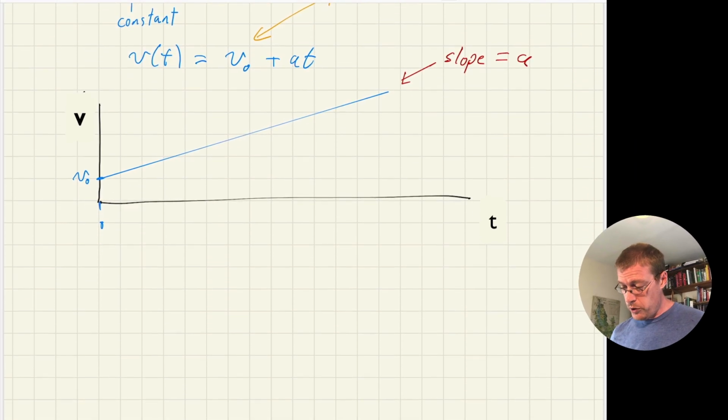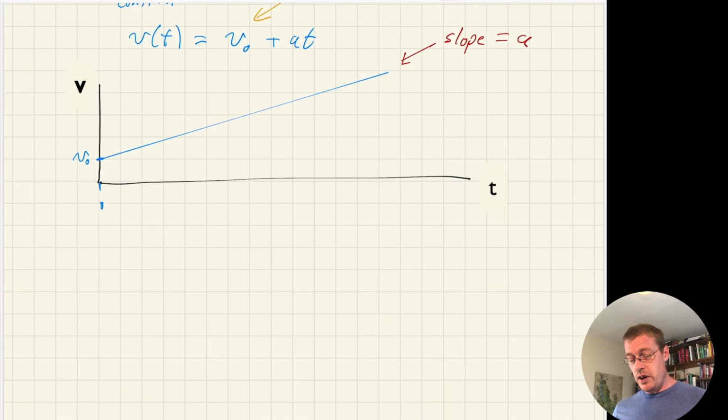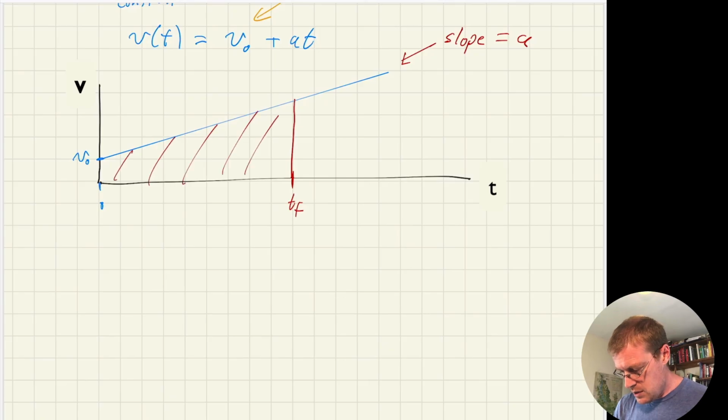Now you can probably guess what we're going to do next: we're going to calculate the position, or rather, the change of position from time 0. So once again, if I introduce some time tf, the change in position is going to be this area here, which is a trapezoid.